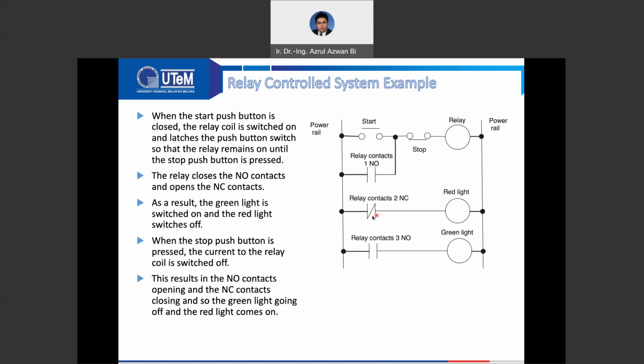So the normally closed contact will energize the red light. So by default, the red light will light up. If you press the start button, the relay will energize and then it will make the red light off and it will light up the green light.